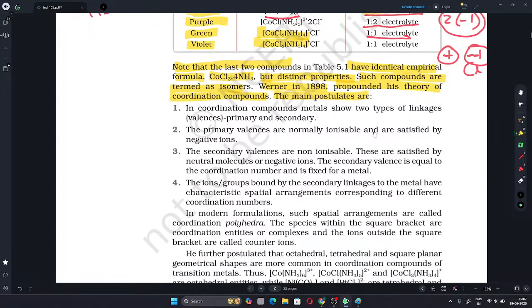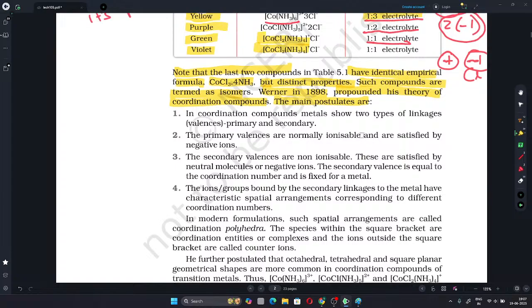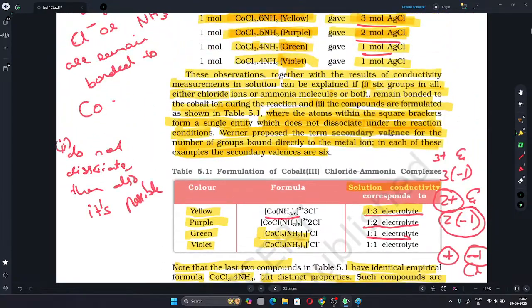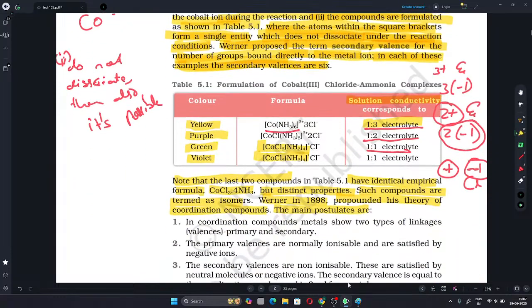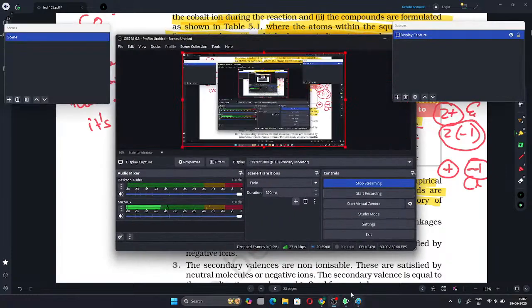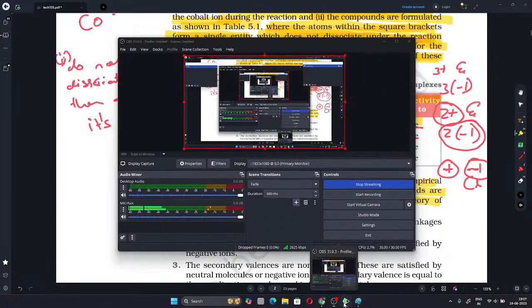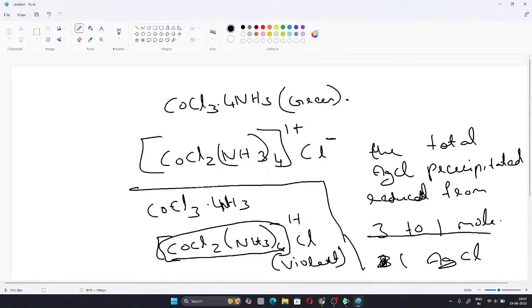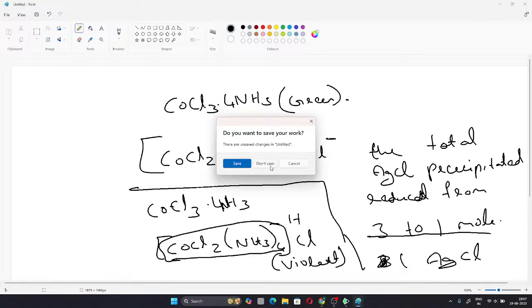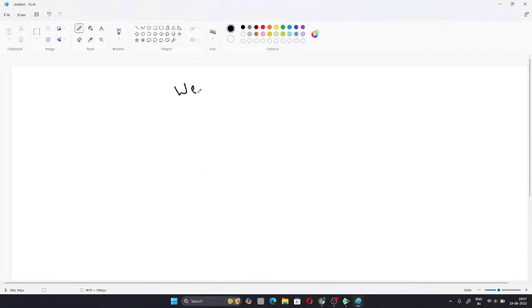In coordination compounds, the main concept here was that Werner said the central metal ion, the CMI, has two kinds of valencies.